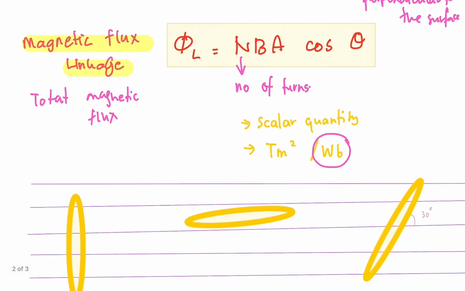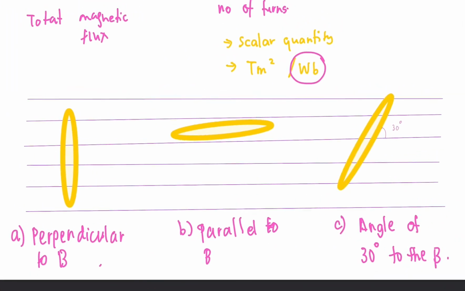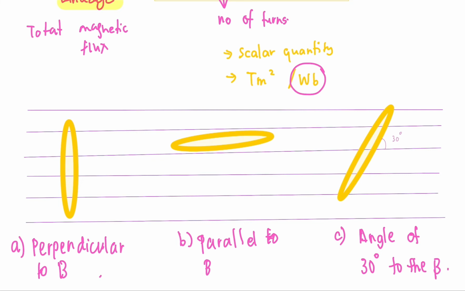Here I have 3 cases. For the first, what is the angle when the plane is perpendicular to B? Here will be my B. For example, if B is to the right, the lines will be my magnetic field, and this will be my coil.